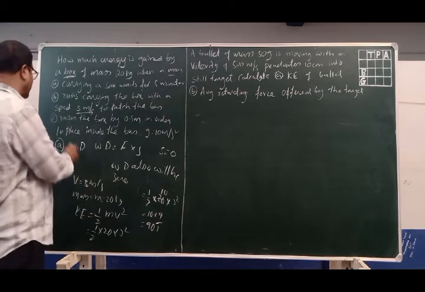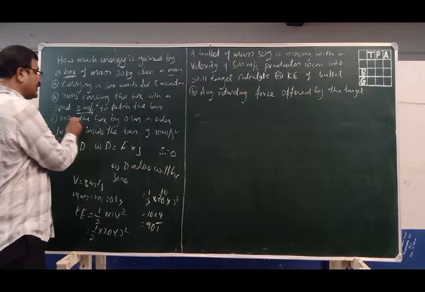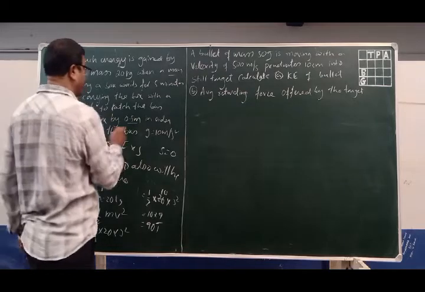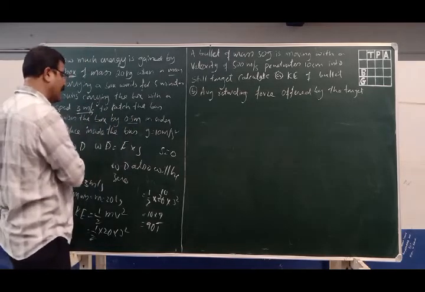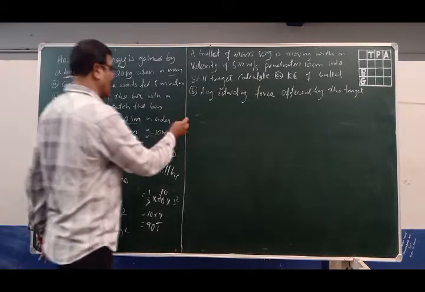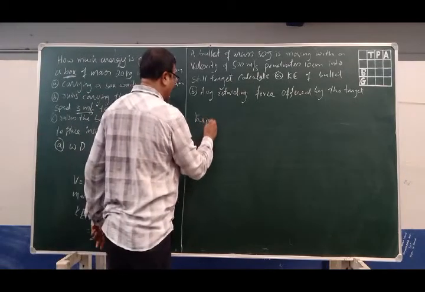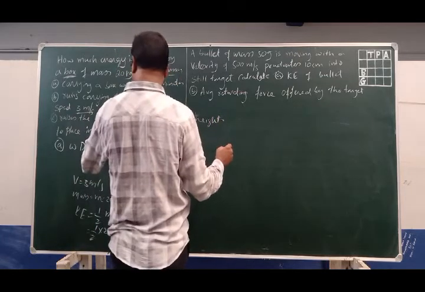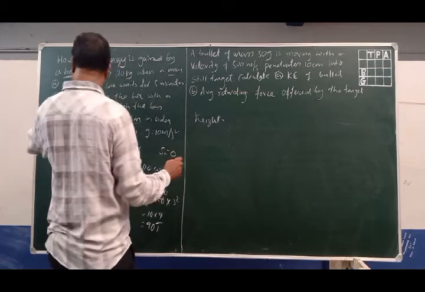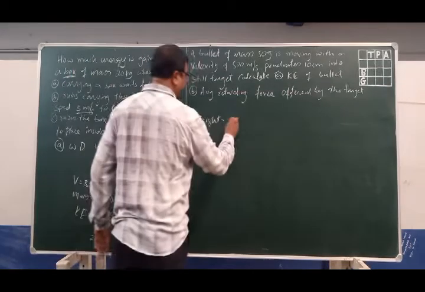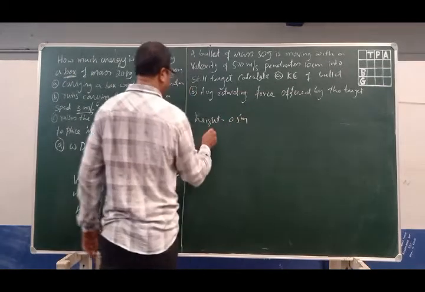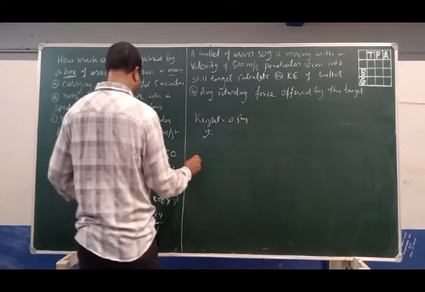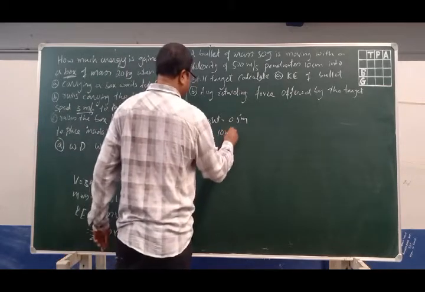What is the third case? See the third case, raises the box by 0.5 meter in order to place it inside the bus. So he is raising. So what has he given here? Let me check what the height is here. Height he has given as 0.5 meter, and g we have as 10 meter per second square.